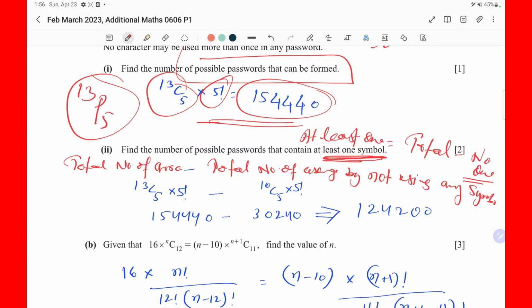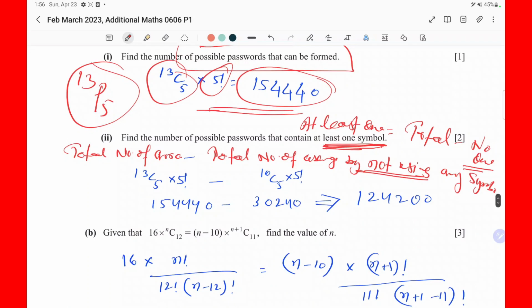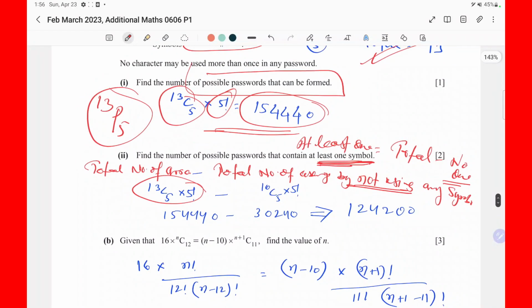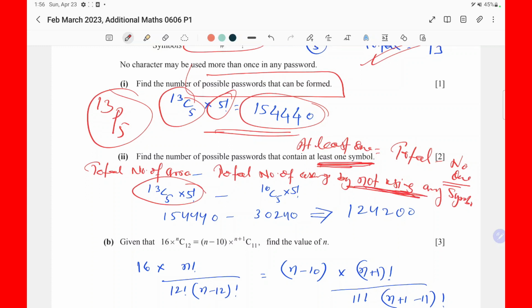Like we will find total number of arrangement but not using symbols. Okay, so total number of arrangement already we found 13C5 times 5 factorial, but here we have to find possible arrangement, total number of arrangement by not using any symbol.